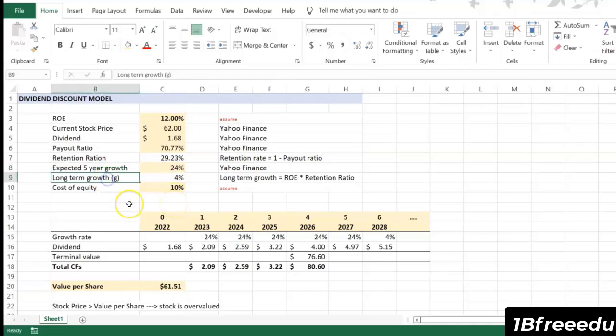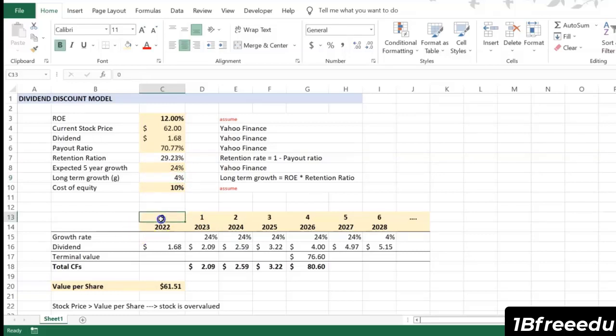And then we are left with the long-term growth, which is the percentage that each dividend will grow after this first 5 years pass. So first 5 years we have the growth rate of 24%, and after that in year 6 we have the growth rate of 4%.